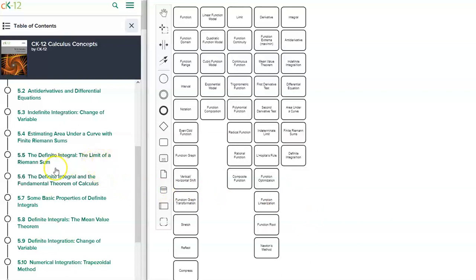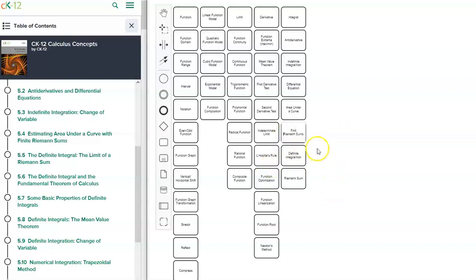Now here's the limit of a Riemann sum. Finite Riemann sums. And the limit of a Riemann sum. So, sounds like Riemann sum needs to be on its own. What is the Riemann sum? If you know, toss it in the comments. But we have a finite Riemann sum.